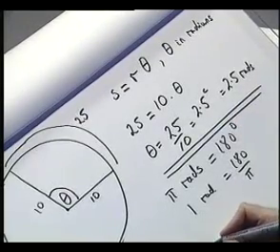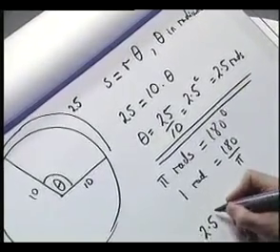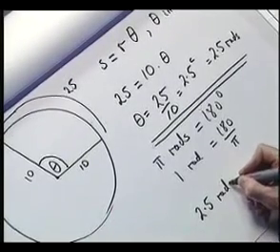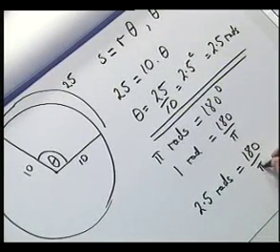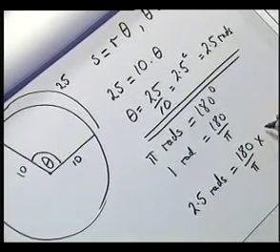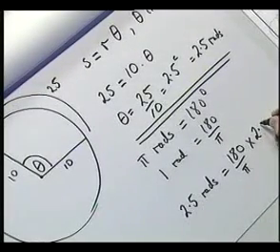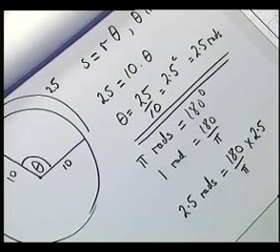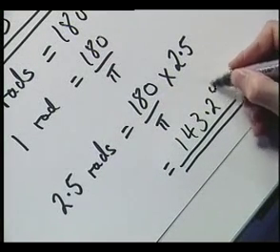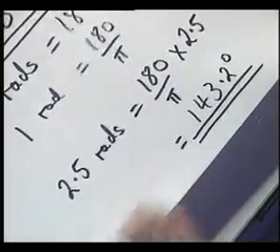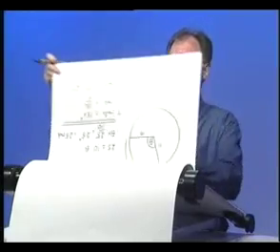So 2.5 radians must be 180 over pi times by 2.5. And we can use a calculator to work this out, and the answer is 143.2 degrees. Now let's have a look at another example.